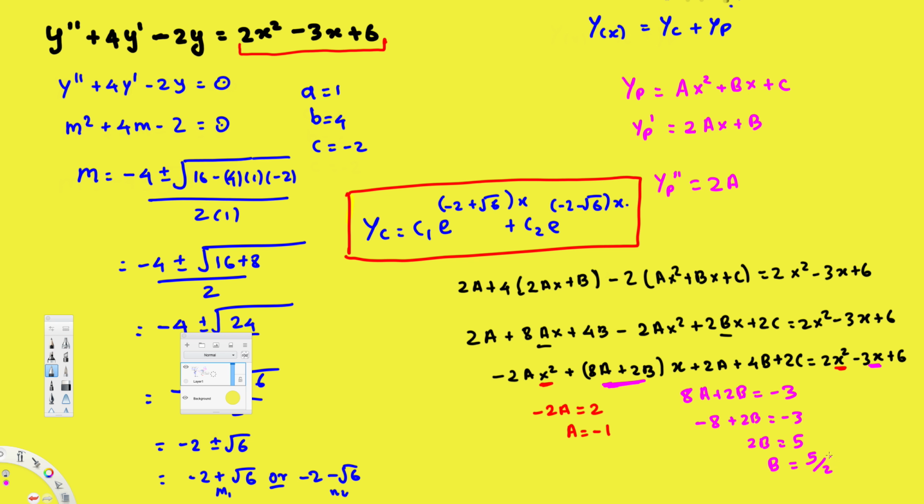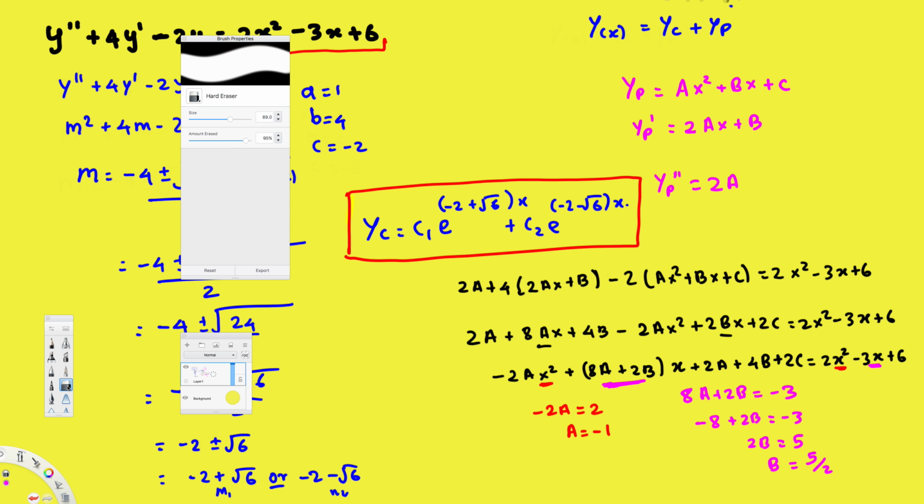Okay, now let's make sure every sign is correct. When I multiplied this one by negative 2, I should have multiplied these two also by negative 2. So there's a mistake here. Let's change this. This should be negative, and this one also should be negative.